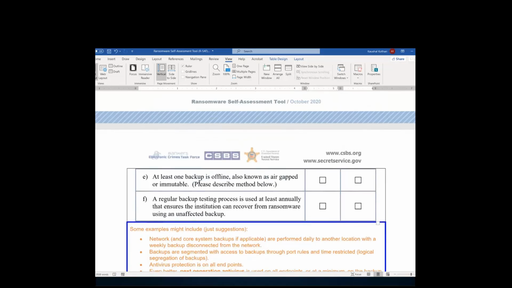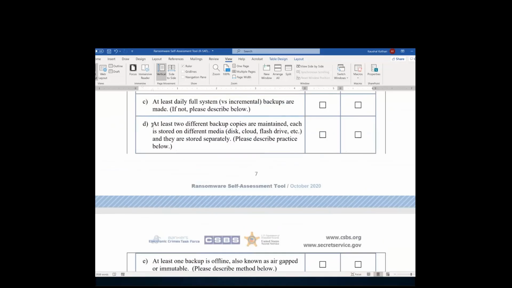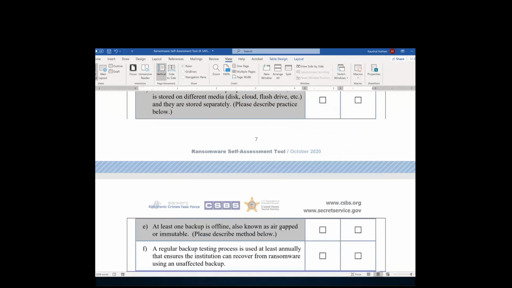And then their next question is at least 1 backup is offline, also known as air-gapped or immutable. And so this is probably the one where it's going to differ between all banks, meaning air-gapping is really hard operationally.